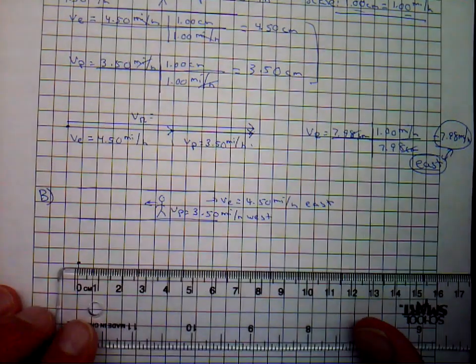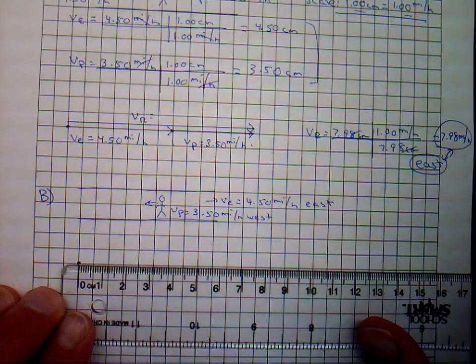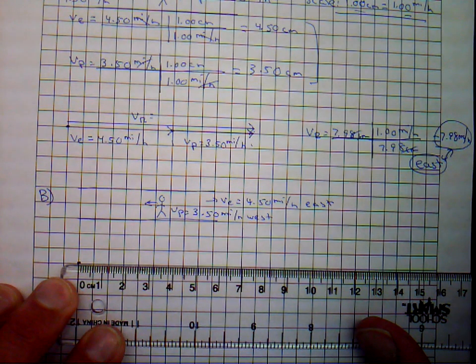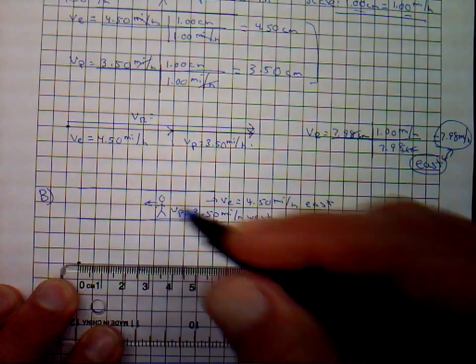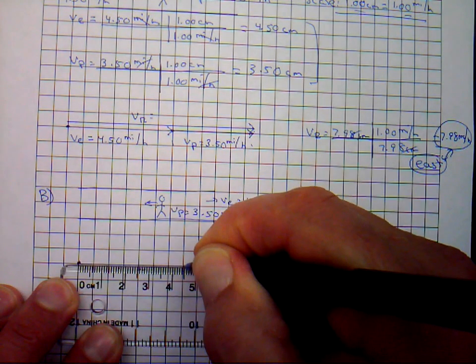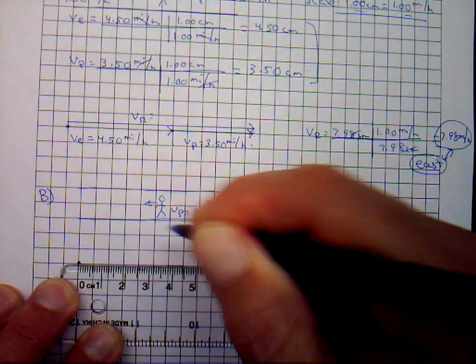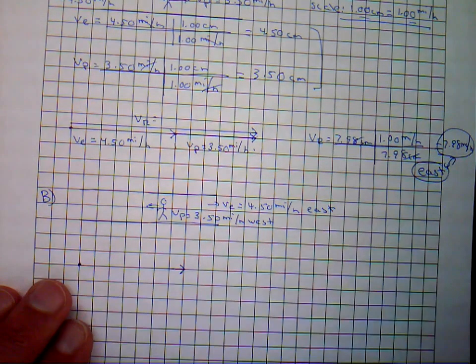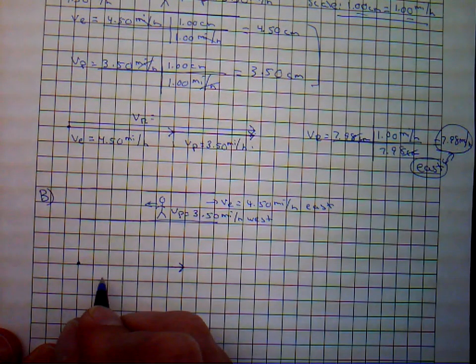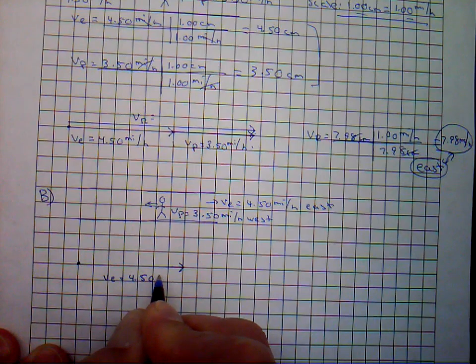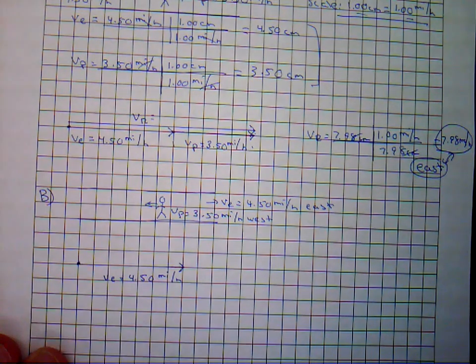So again, I draw this 4.50 centimeters to here. Make sure you see that line and use my arrows to make sure we draw that magnitude correctly. So this is the velocity of the escalator, which is 4.50 miles per hour going east.